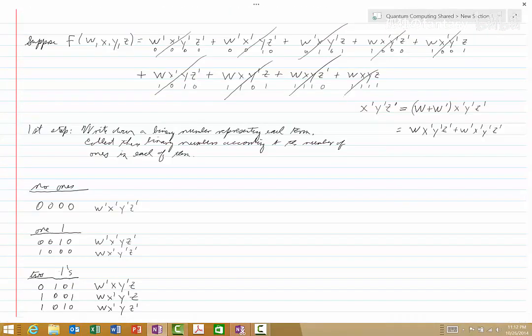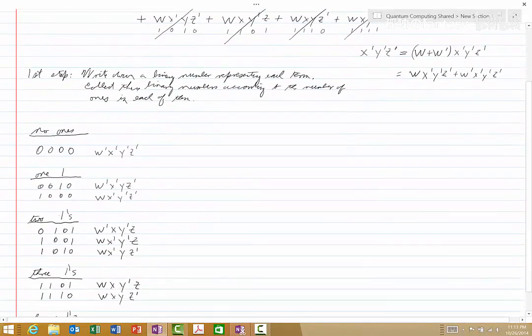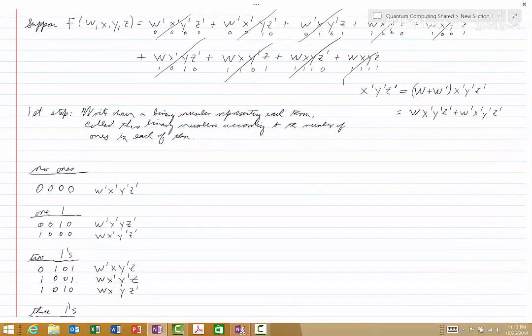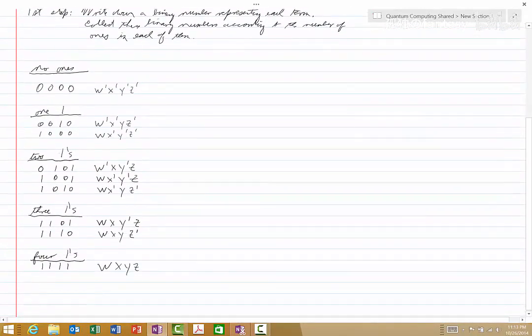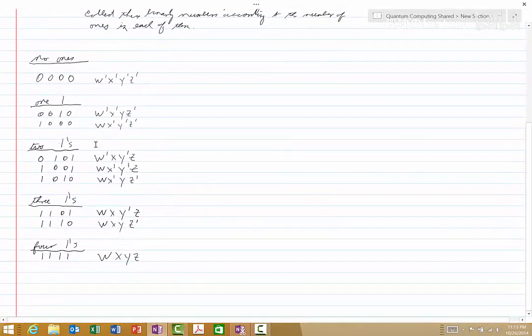Okay, so that's the first step. Once again, you write down the binary number corresponding to each term, and then collect these numbers according to how many ones there are in each of them. And so here is our term with no ones. Here are all of our terms with 1 one. Here are all of our terms with 2 ones.